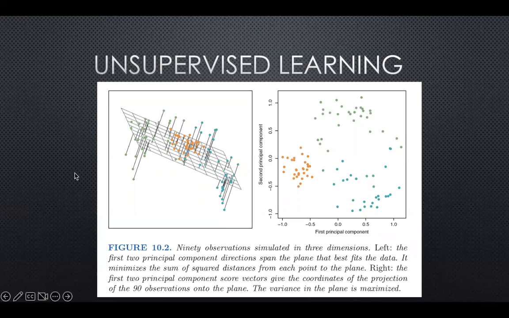For example, on the left-hand side, this is taken from the book An Introduction to Statistical Learning in R by Tibshirani et al. You see some data that's distributed in 3 dimensions. But again, if you just eyeball this, you can see that most of the data seems to lie on this plane.